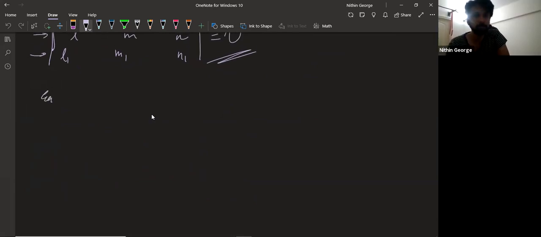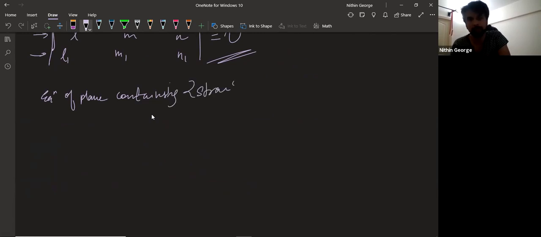So what about the equation of a plane which contains two straight lines? It looks like the above straight lines. You do the same equation, x minus x1, y minus y1, z minus z1, or x minus x2, y minus y2, z minus z2, because it's given that both the straight lines are contained inside the plane.